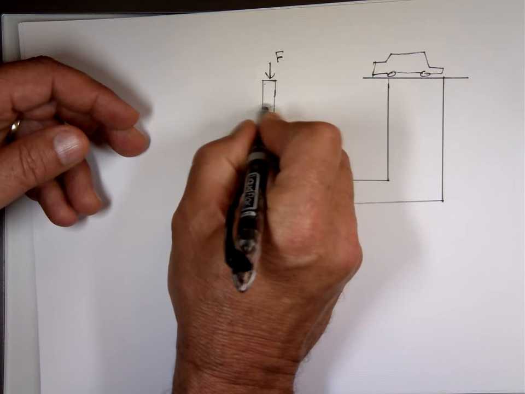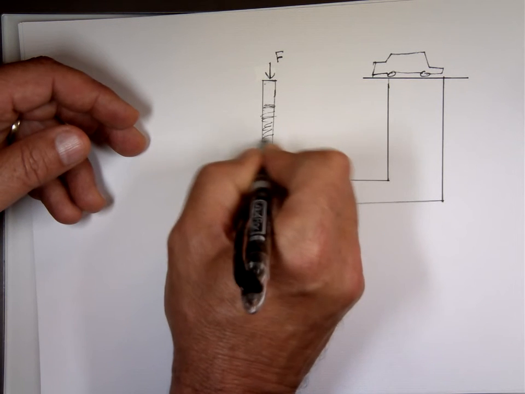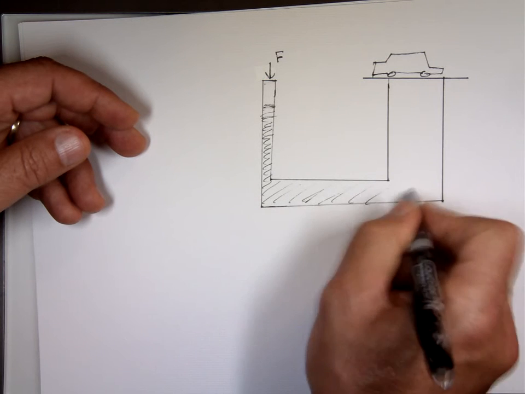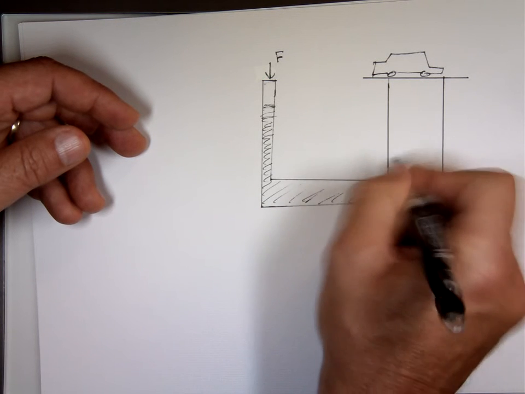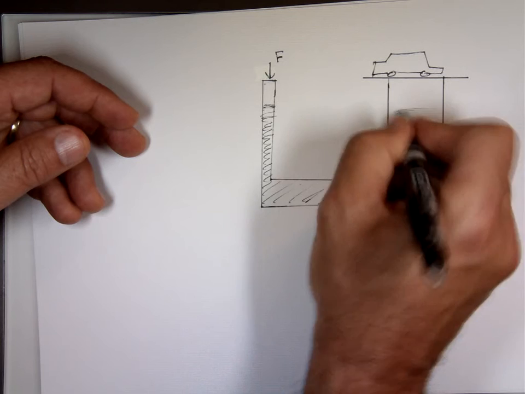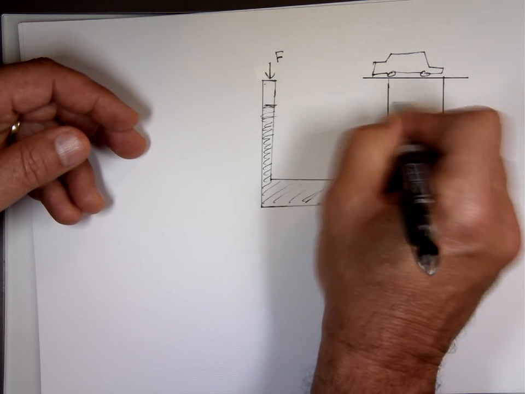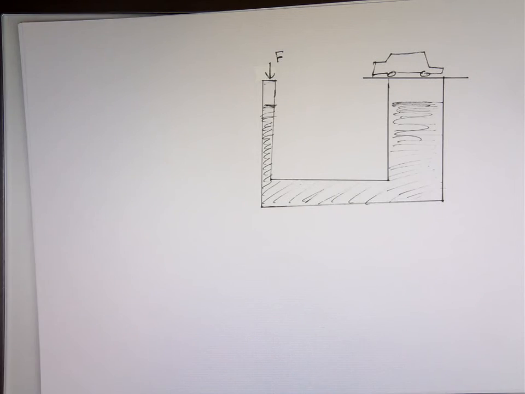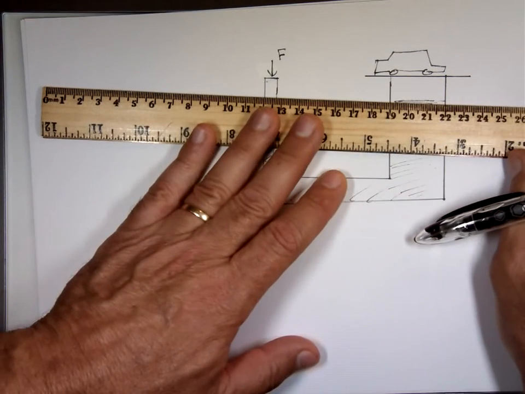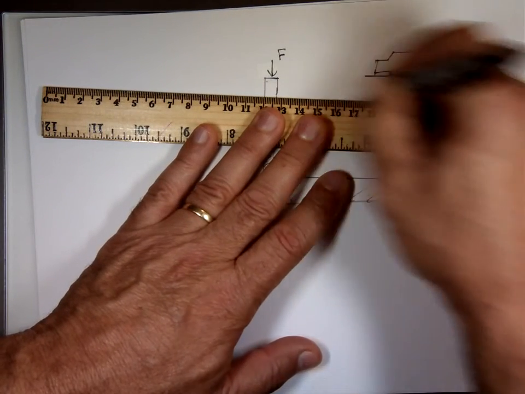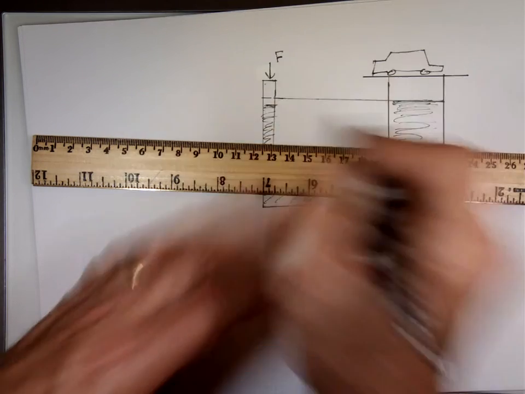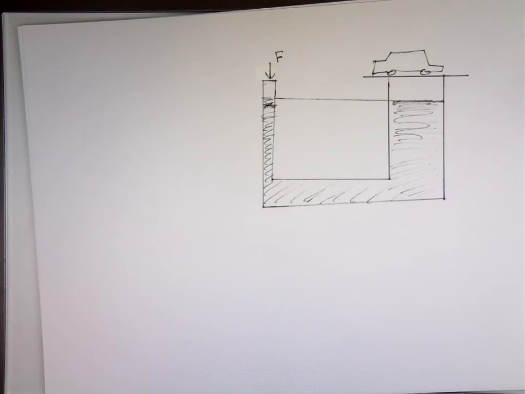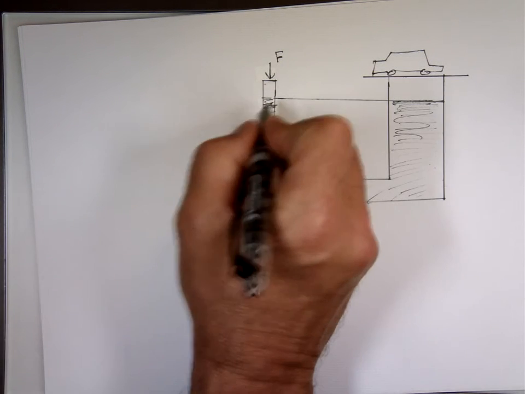This is filled with fluid, so this height is the same for both. I'll just draw a line here. Initially, then they push down, and this will go down probably this much.